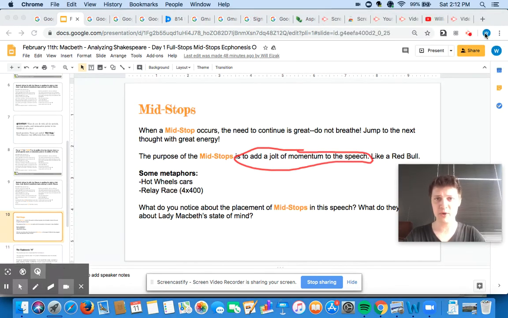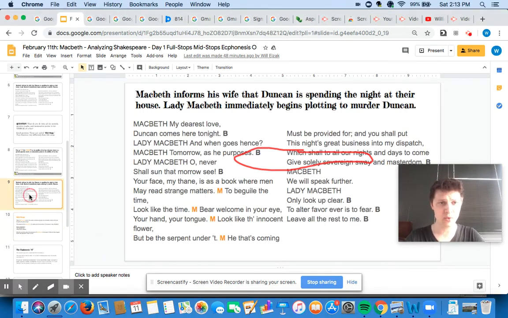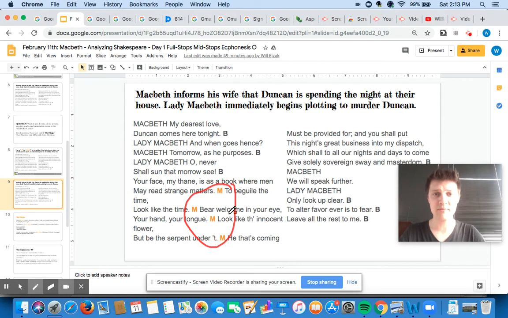So one question that I want to ask you guys here is, what do you notice about the placement of mid-stops in this speech? One thing that you will notice is they all come basically in the same place. They all come in the middle of this long passage. So here's what is happening in this long passage. Lady Macbeth is saying, "Your face, my thane, is as a book where men may read strange matters." She's basically saying, people can see what you're thinking, Macbeth, and you look awfully suspicious.